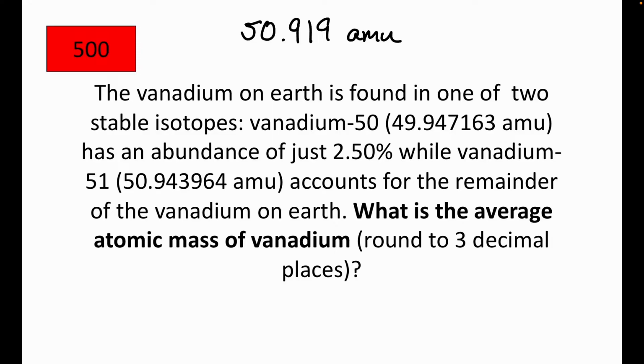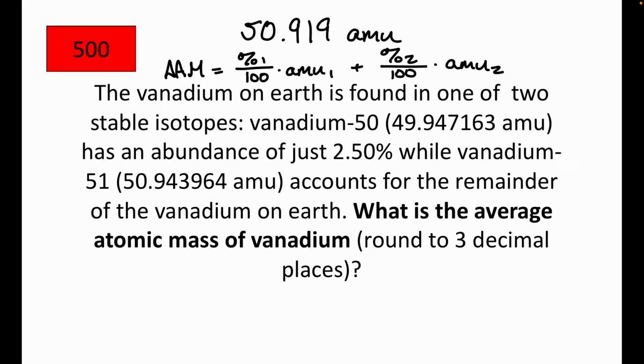So these are these average atomic mass calculations, right? So the average atomic mass is the percent of isotope 1 divided by 100 times the AMU of isotope 1 plus the percent of isotope 2 divided by 100 times the AMU of isotope 2. So I'm going to do the percent of this first isotope divided by 100 times this mass. And then how do I get the percent of the second isotope? Because that's not explicitly given. I told you all the rest of it is that second isotope.